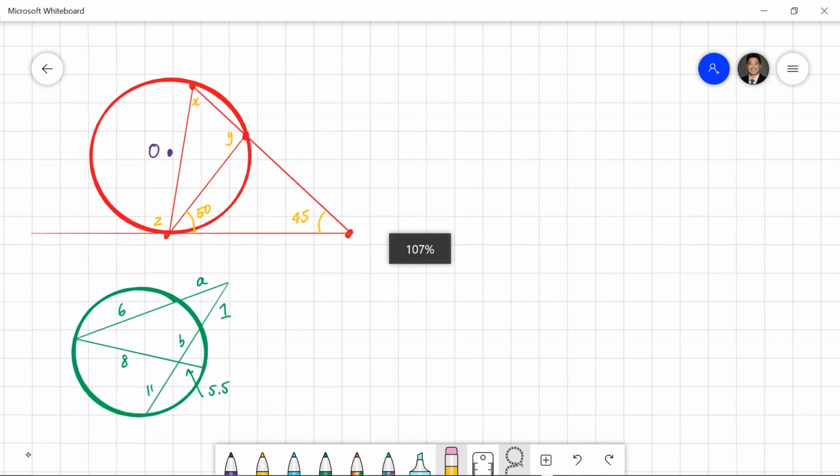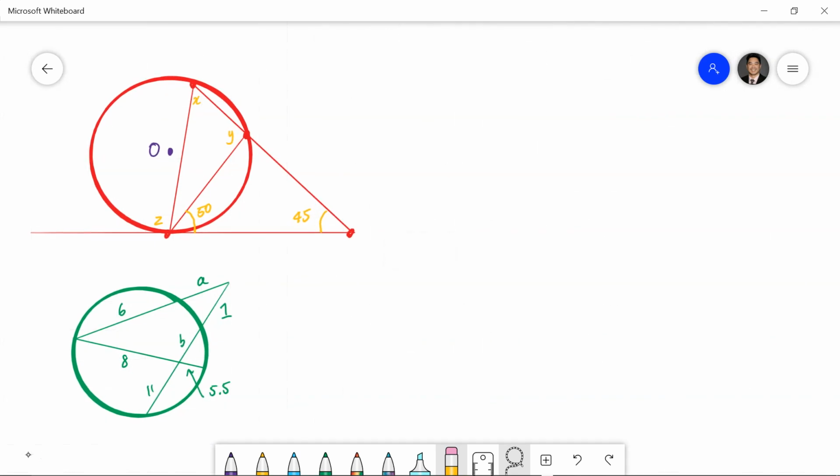And what we have here is this. So let's work with the top and look at the angles. We can see that this is 45, this is 50, so this angle here should add up to 180. So 50 plus 45 is equal to 95.